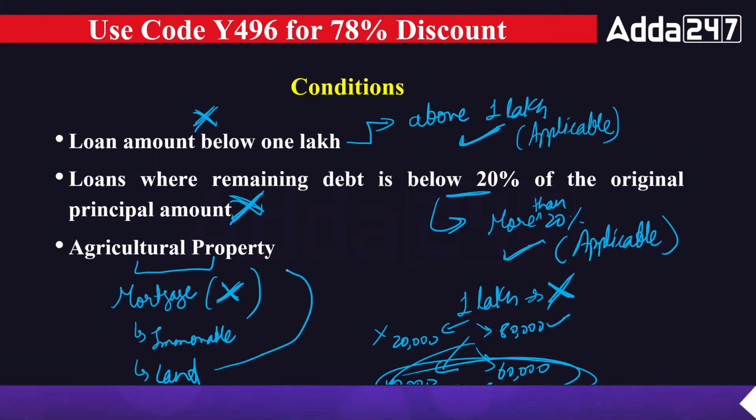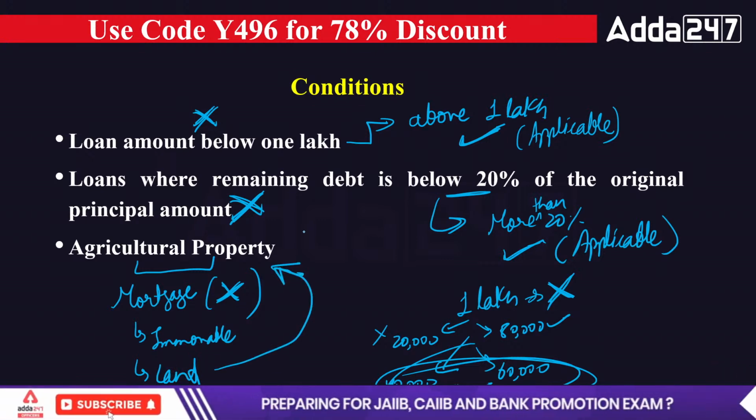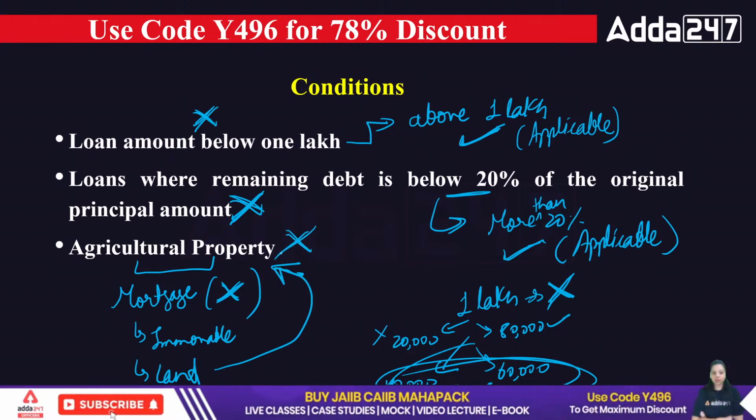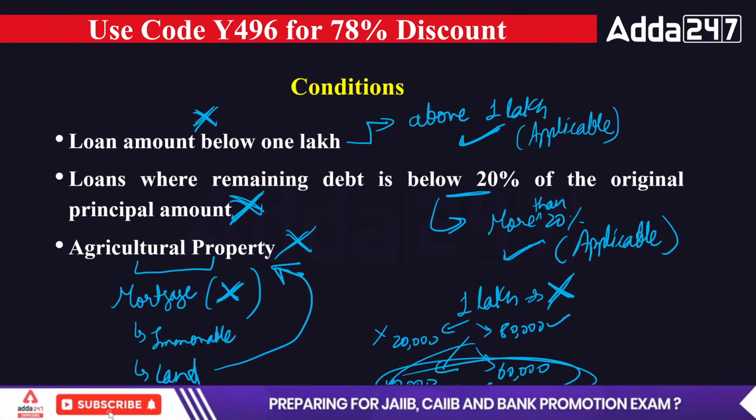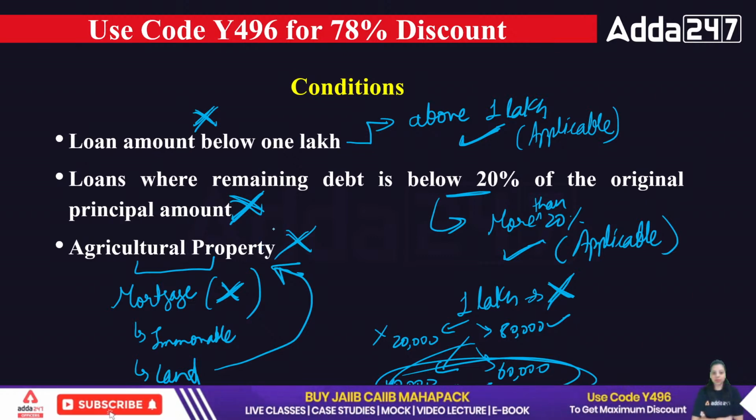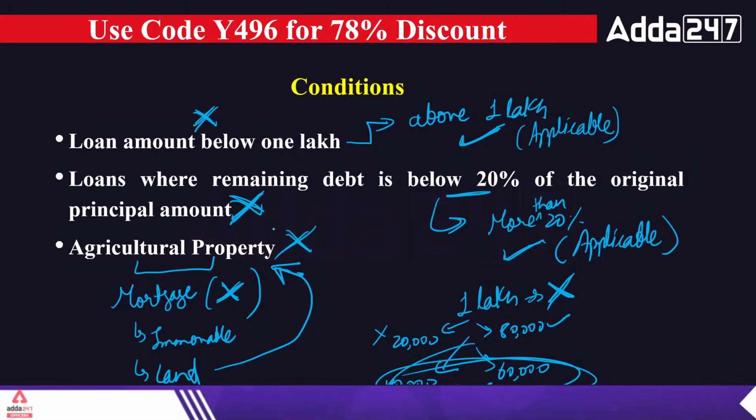But if this land is agricultural property, then the SARFAESI Act will not work on that. Apart from agricultural property, if you have given any other security, then the SARFAESI Act will be applicable, otherwise no. So these are the three conditions to apply the SARFAESI Act. The first condition is that the remaining loan amount should be more than 1 lakh.